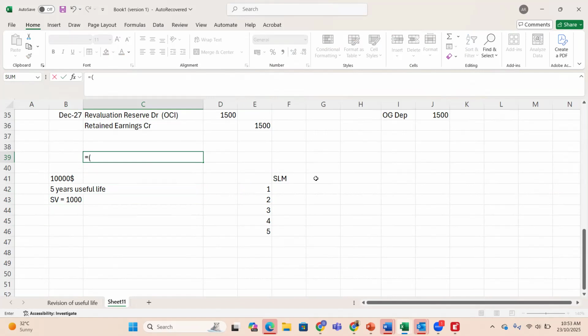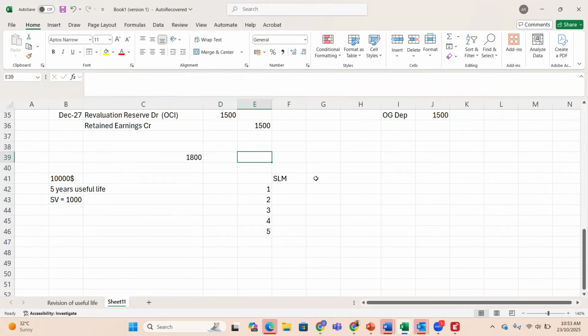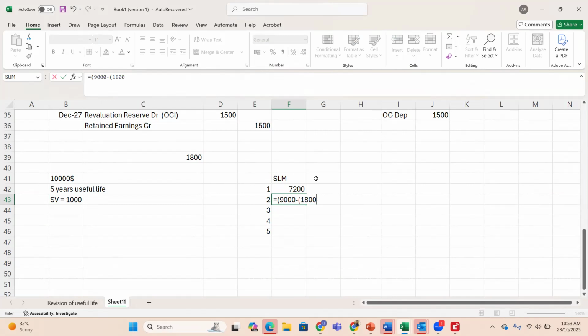Divided by 5 gives 1,800. So first year it would be 10,000 minus 1,800, right? Then second year it is going to be 10,000 minus 1,800 into 2.